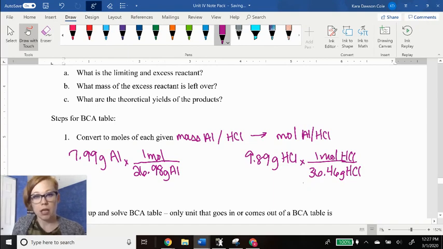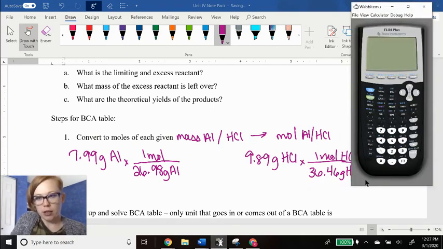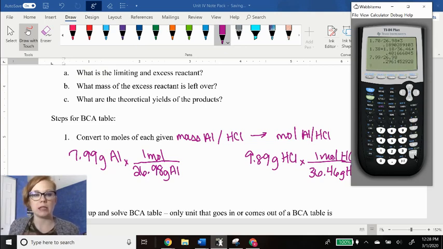Okay, so then go to my trusty little calculator here. 7.99 divided by 26.98 gives me 0.296. I'm going to go one more significant figure so I'm not rounding too much, so 0.2961.